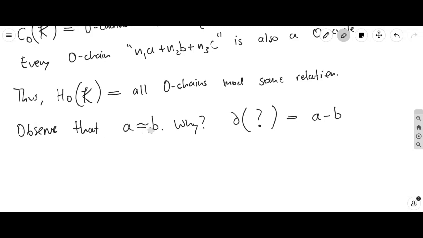If two cycles are equivalent, it means their difference, by definition, is the boundary of a chain of one higher dimension. So can you find a one-dimensional chain which will give that to you? And the answer is yes. The boundary of BA would be A minus B.